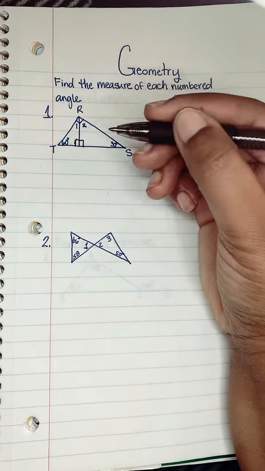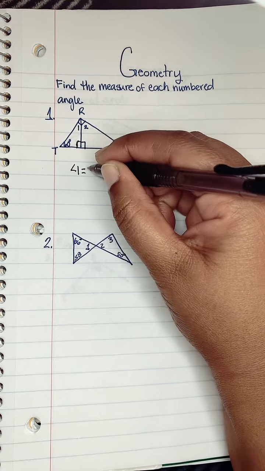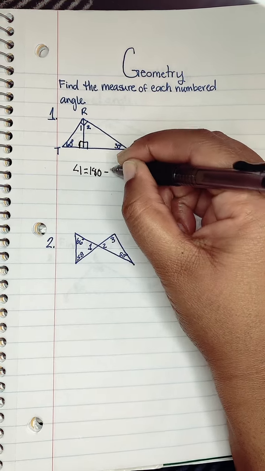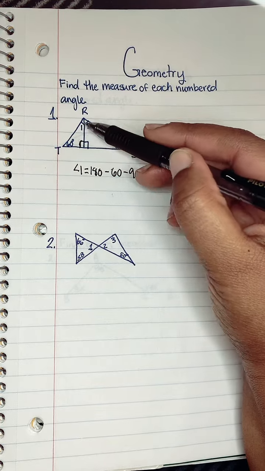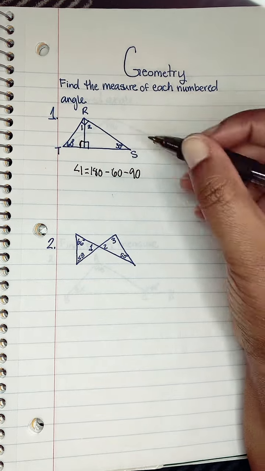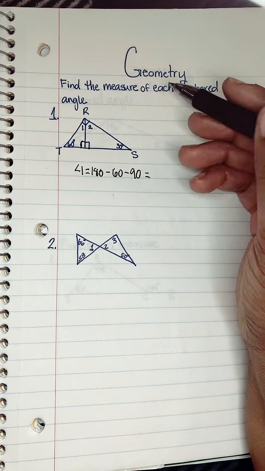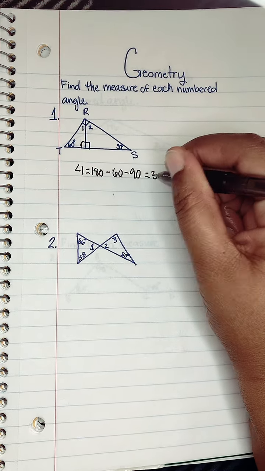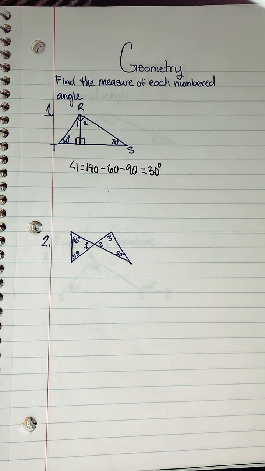So by knowing that, we can do angle 1 equals 180 minus 60 minus 90. So 180 minus 60 minus 90 should be 30 degrees. Any questions on that one?